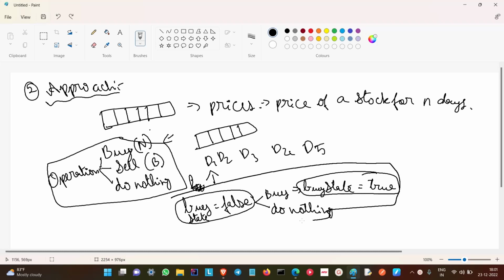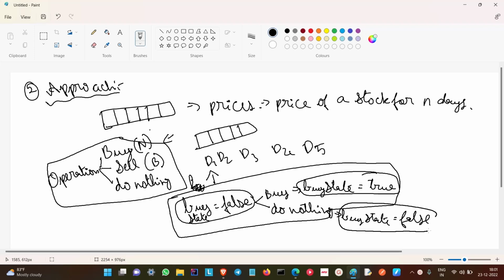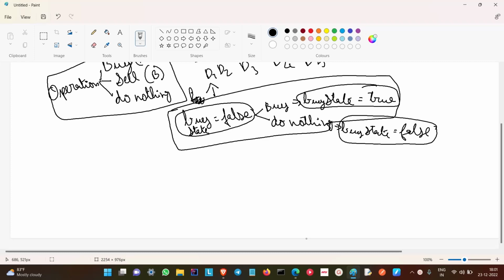If the buy state is false, we may buy the stock and move to the next day, or we can directly move to the next day with the same buy state. The buy state will be false here, so we'll continue moving on. This is the case in which we have buy state as false.